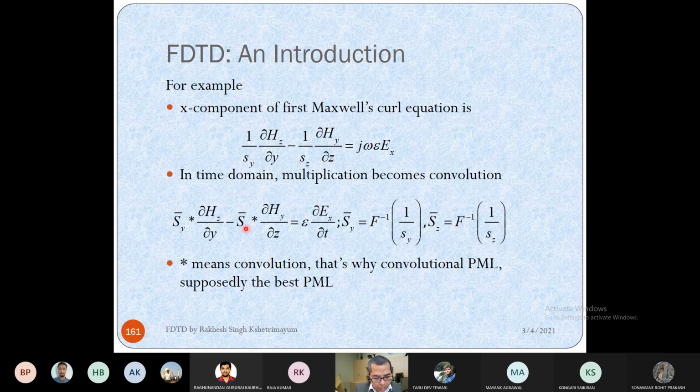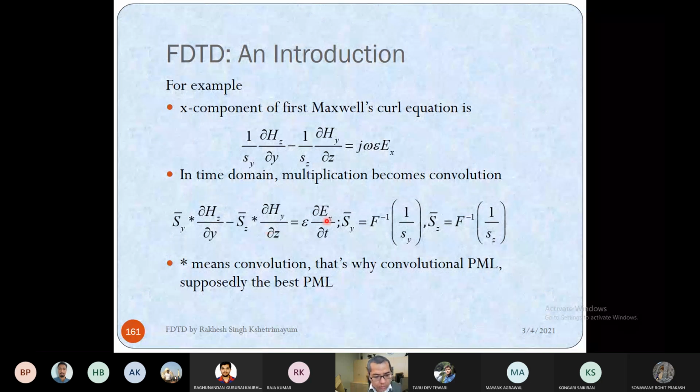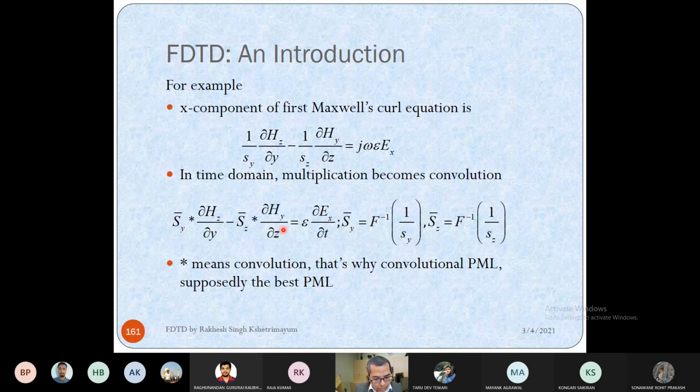We define s̄y as the inverse Fourier transform of 1 by sy, and s̄z as the inverse Fourier transform of 1 by sz. This is convolution in the time domain, this is also convolution in the time domain, and the j omega term becomes del by del t, so you have epsilon del Ex by del t.